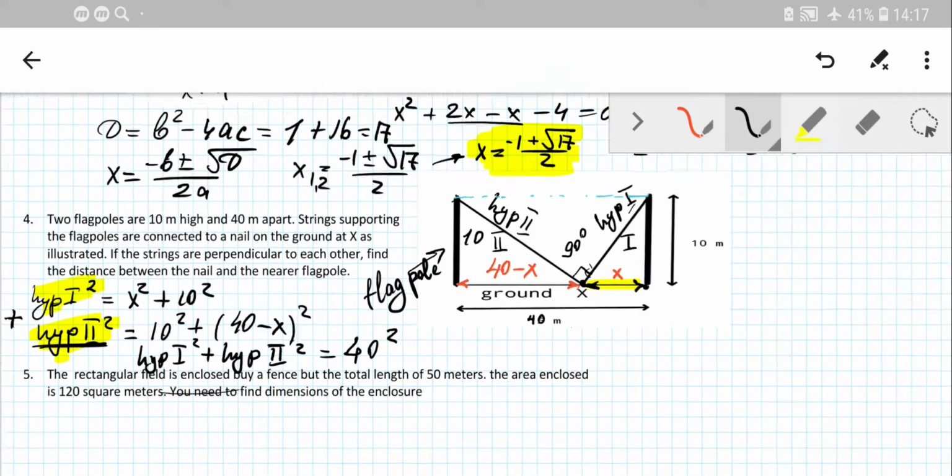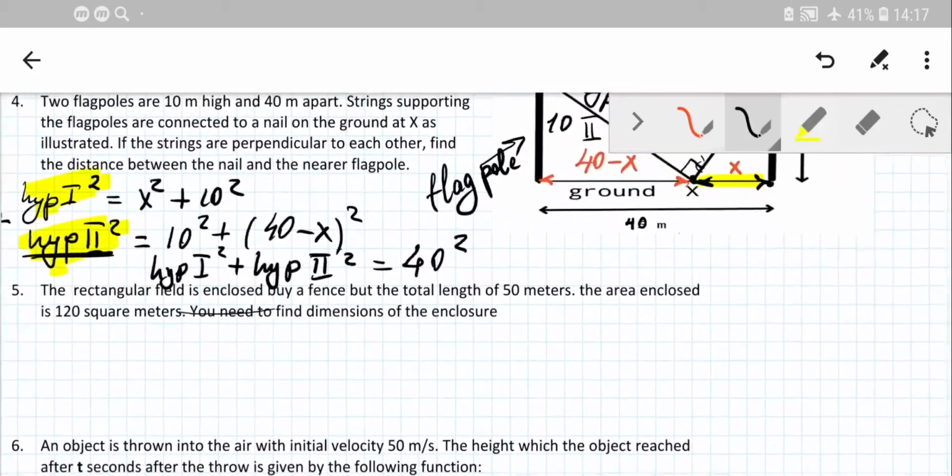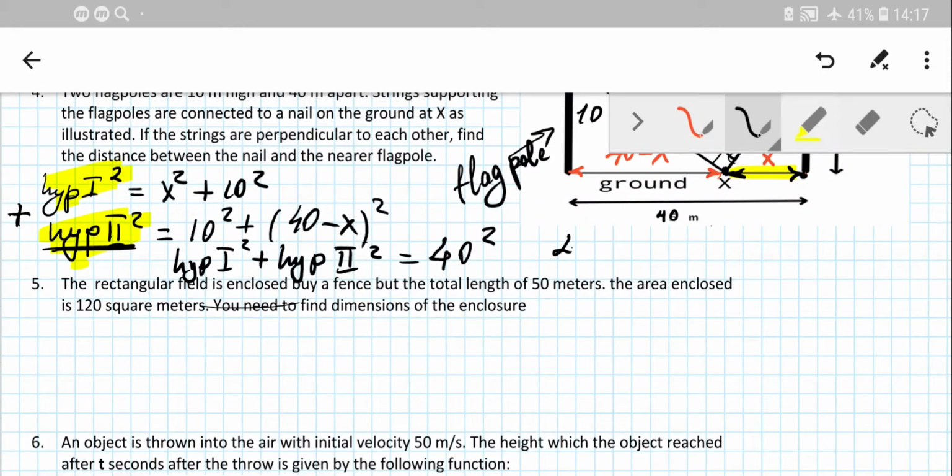Okay, so let's see what we've got finally. If we add them up, we get the following equation. So 40 squared is the left-hand side. On the right side, we've got x squared plus 10 squared plus 10 squared, which is plus 200. And then I expand the brackets here.